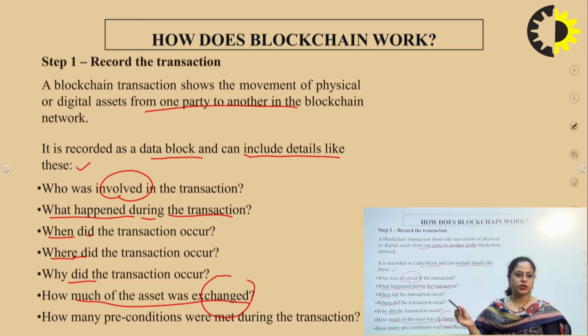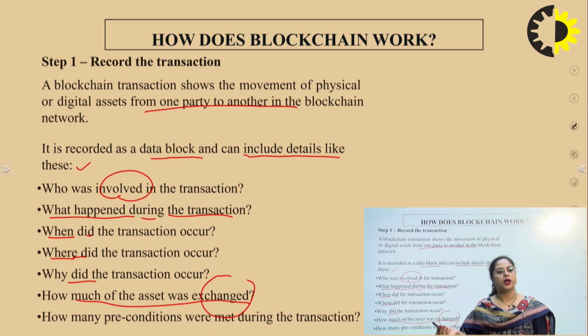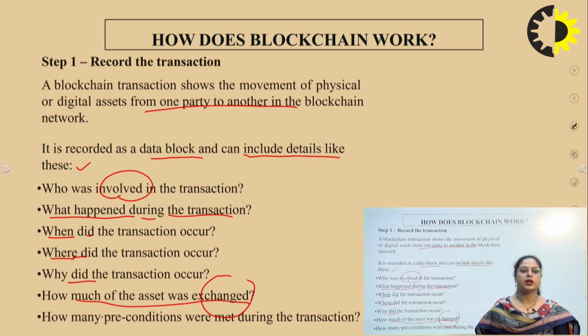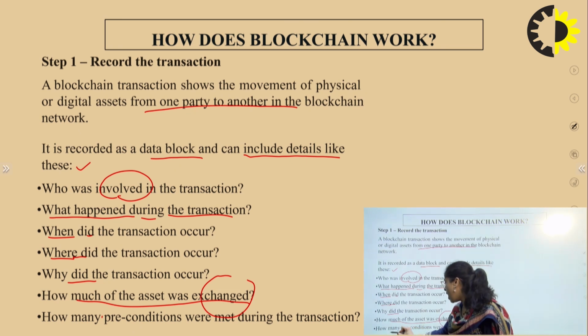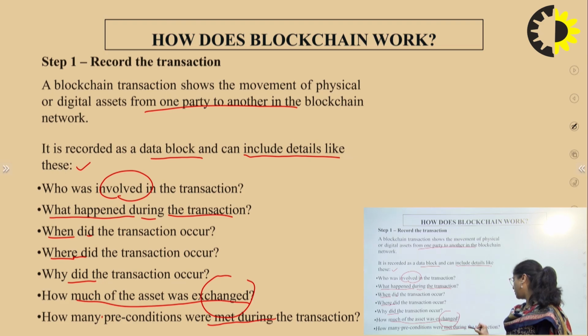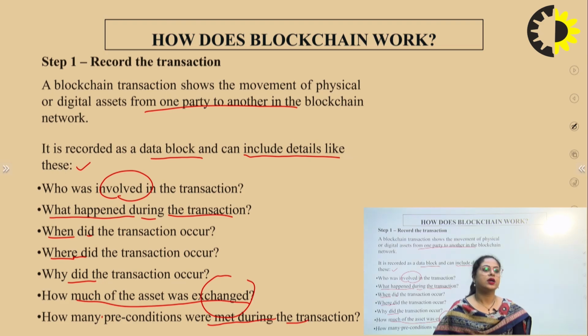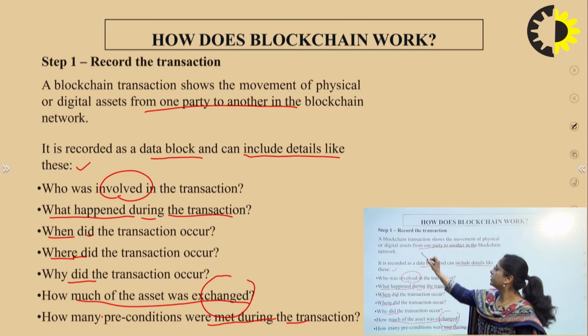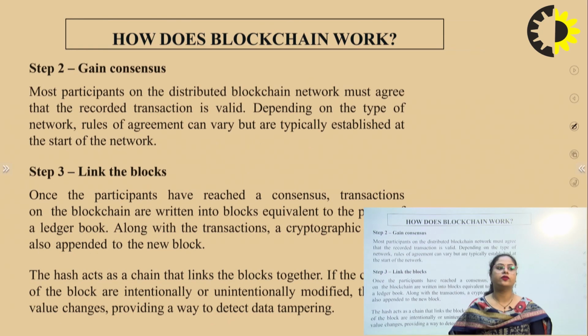When one transaction happens from one party to another party, it is recorded how much of the assets was exchanged, and how many preconditions were met during the transactions. This is the first step of the blockchain architecture design, that is, record the transaction.